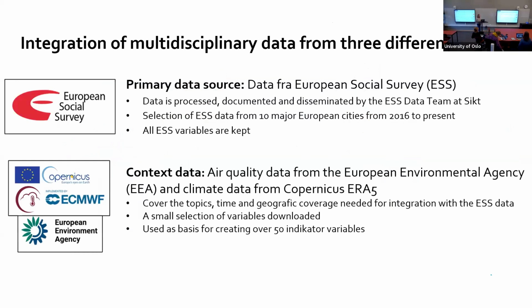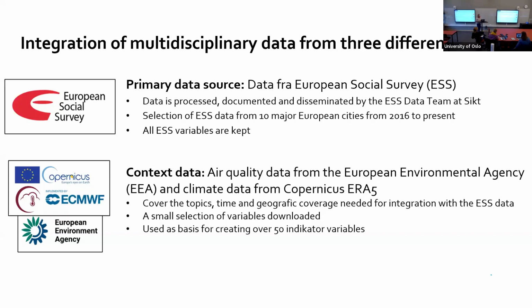We ended up with ESS data from 10 European cities, from 2016 to present, and then we added just a few variables about wind and temperature and precipitation, and also air quality of the most common pollutants.